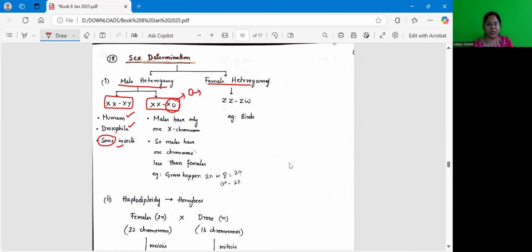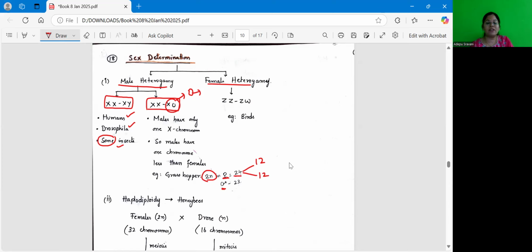Whereas in XO type, what happens is, let us assume grasshopper. In grasshopper, the diploid number will be 24. So diploid for females in grasshopper is 24. When this female is producing the gametes, it will produce 12 and 12 because 24 divided by 2.